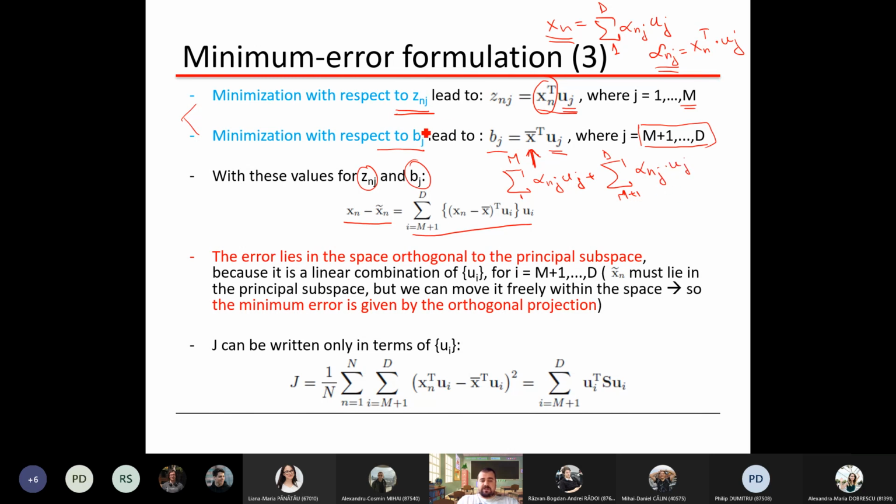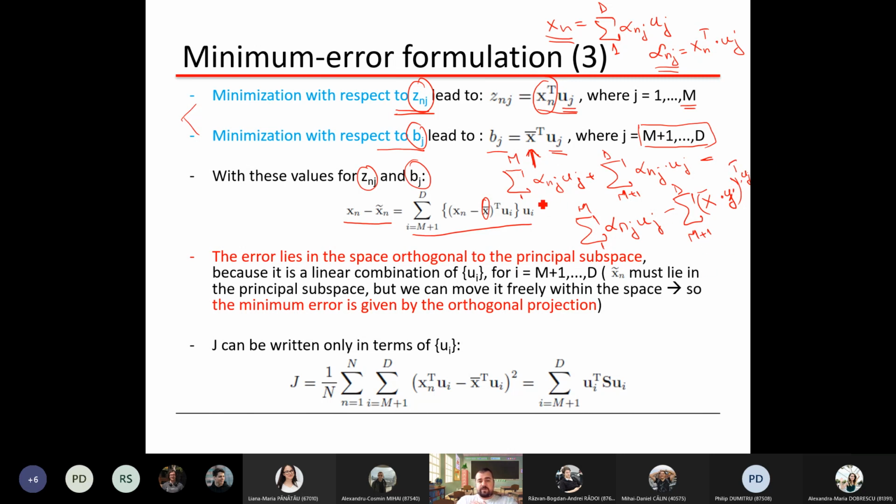And now, since we identified b_j and z_nj, it means that when we do the difference, minus summation from 1 to m of alpha_nj u_j, minus for all the other dimensions from m plus 1 to d of x mean transposed multiplied by u_j, which is this part, multiplied again with u_j.